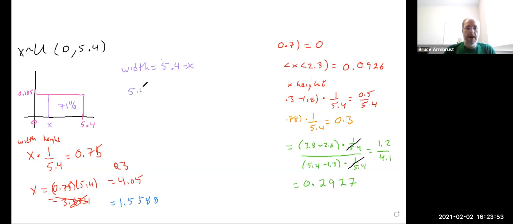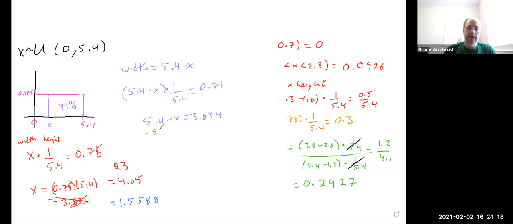So I need that 5.4 minus x times 1 over 5.4, that was its height, I need that to equal 0.71. So let's just adjust this a little bit. So I'll multiply by 5.4, that gives me 3.834. Now I need to solve for my x.